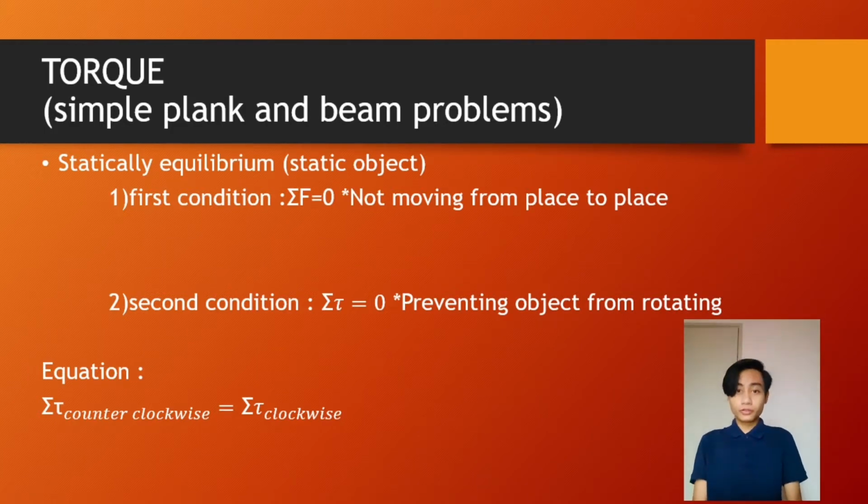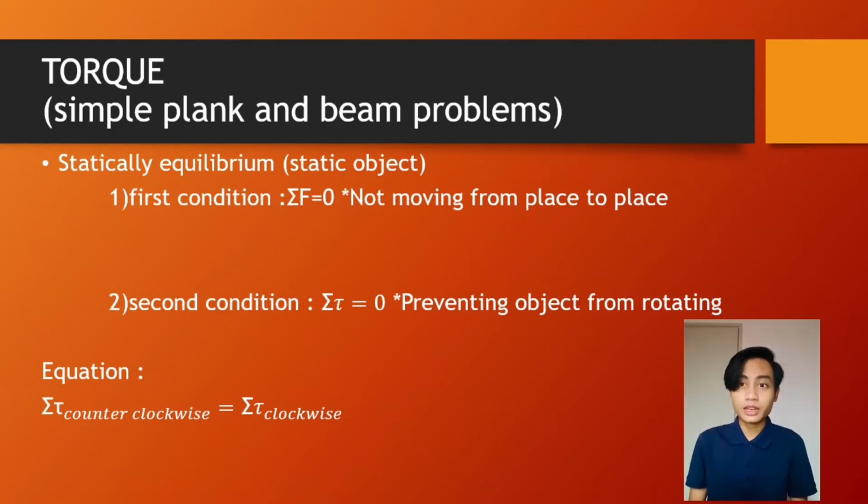So for this question, it is a static equilibrium, which means it is a static object. The object doesn't move. There are two conditions. The first condition is the total of force must be zero, which means it is not moving from place to place.